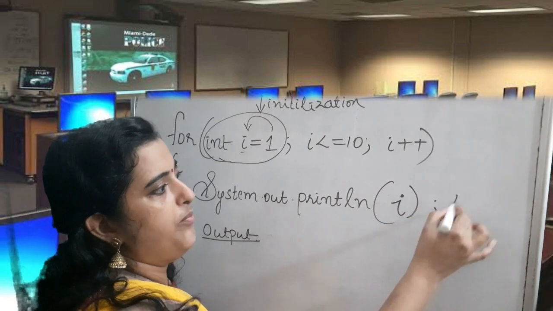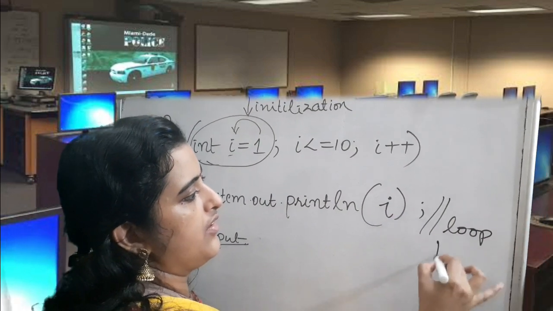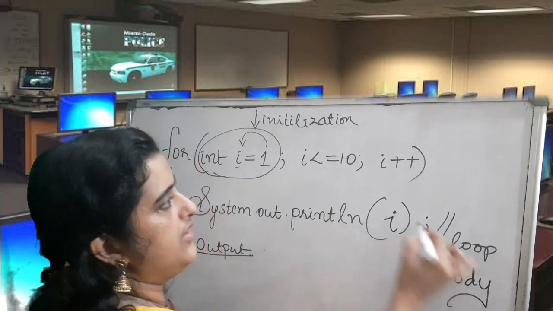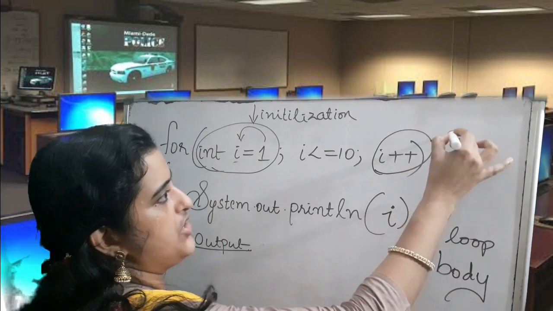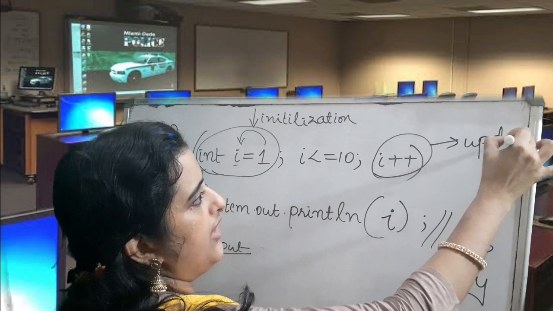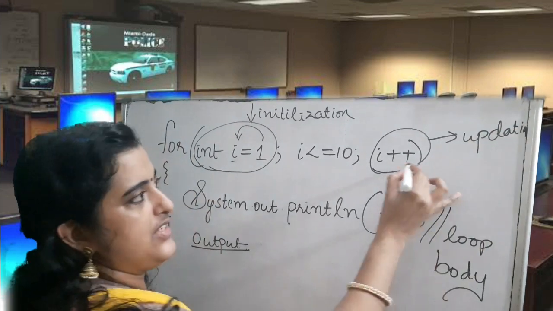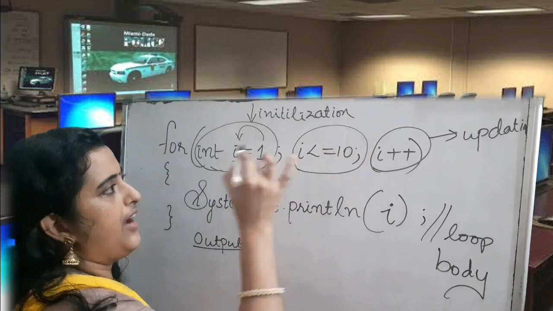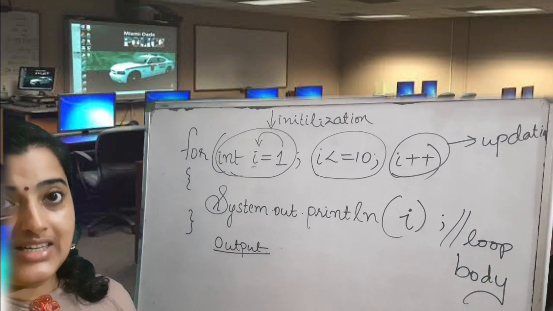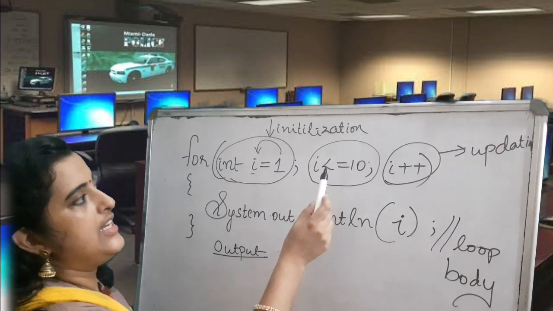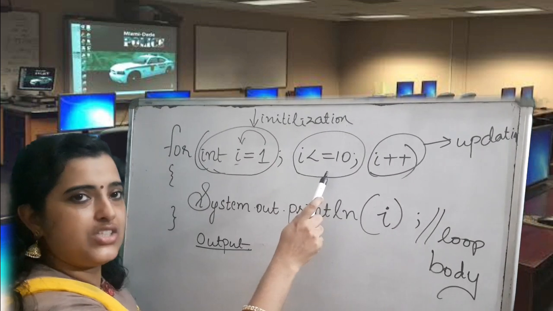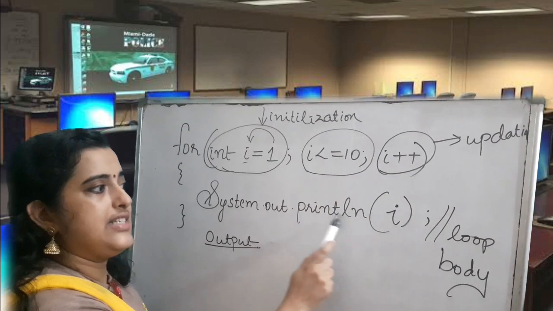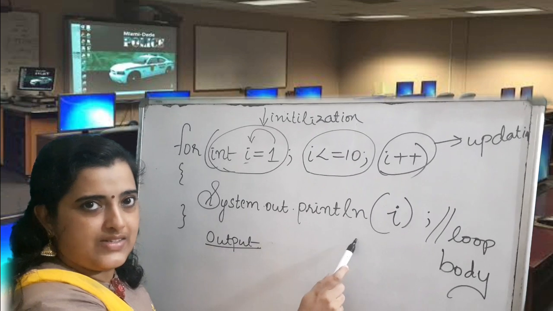So this is the loop body. This is the updation section. Here I have given incrementation, that is the value will be increased, and this is the main part of the loop, that is the test expression. This test expression, condition, will decide how many times the loop body should execute.